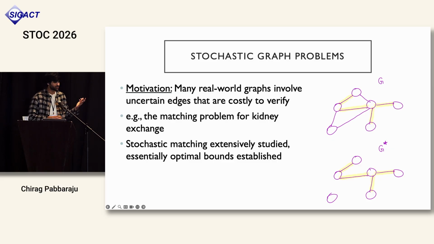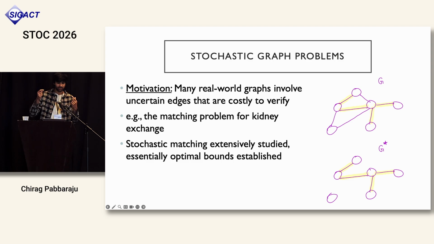With respect to some motivation for why we might want to study such stochastic graph problems, you might imagine that in some real world massive graph, there are a lot of edges that on paper we might know of, but there's some inherent uncertainty in whether the edge actually exists in the graph. An example is the matching problem in kidney exchange, where we might have a lot of compatible patient donor pairs, which are medically compatible for the kidney exchange to happen.